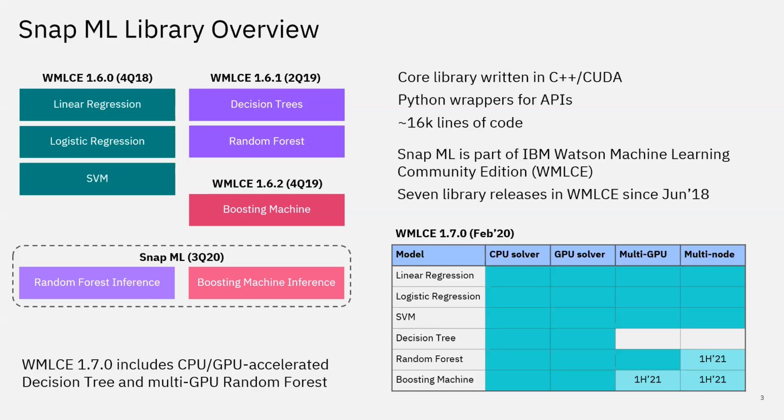A short overview of the solvers that we offer today can be seen in this table on the bottom right. So for all of the 6 models, we offer accelerated CPU solvers, multi-threaded ones, GPU solvers for all, as well as multi-GPU solvers for the generalized linear models and the random forest.